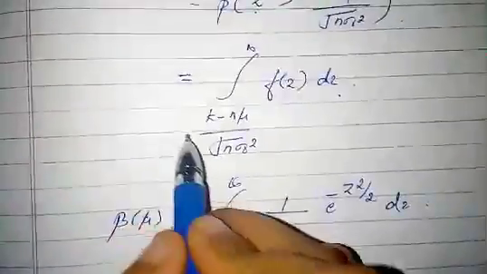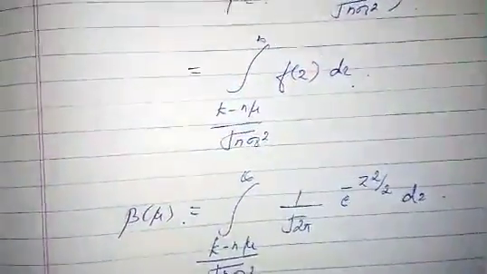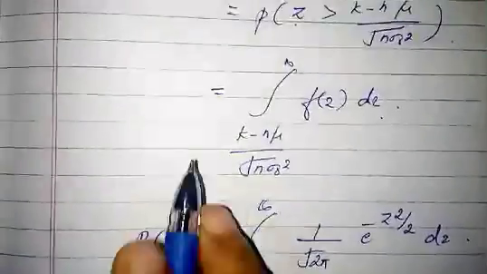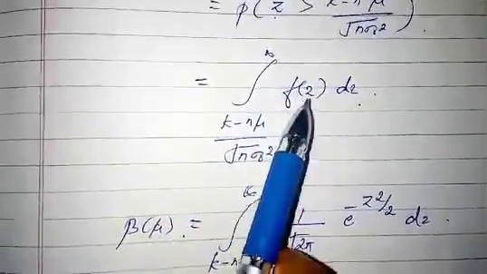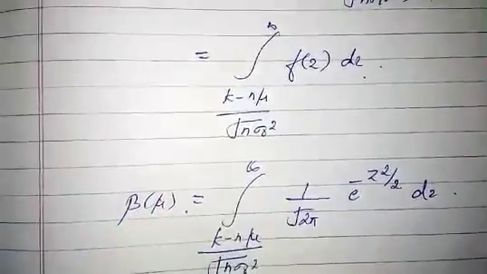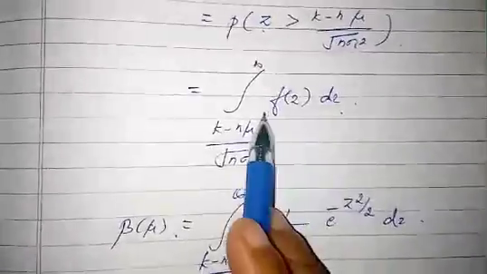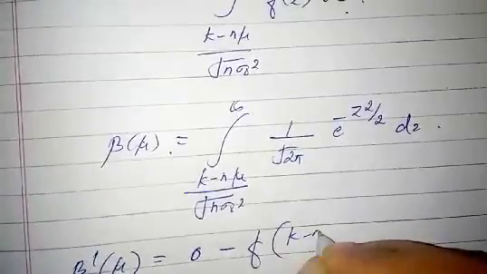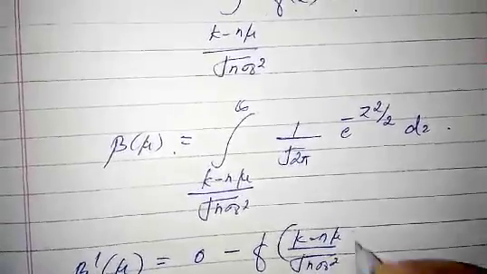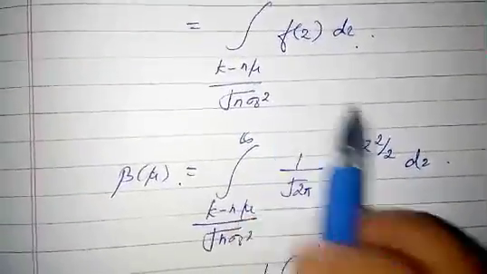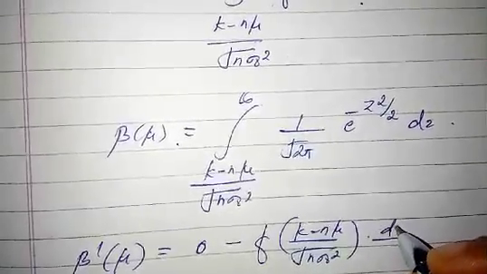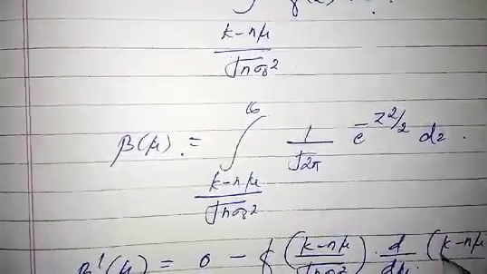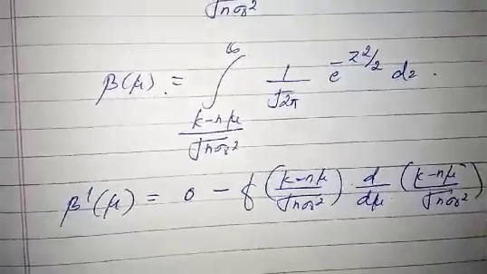Using the Leibniz rule, beta dash of mu equals f of infinity into the differentiation of infinity, that is 0, minus f of the lower limit, that is f of k minus n mu divided by square root of n sigma naught square, into the lower limit differentiation, that is d by d mu of k minus n mu divided by square root of n sigma naught square, right?